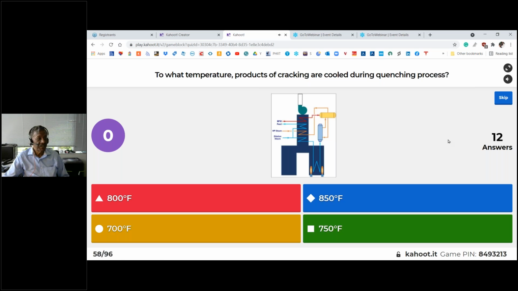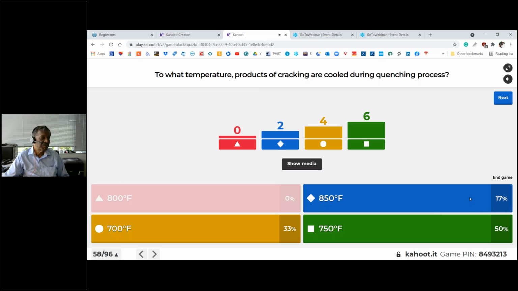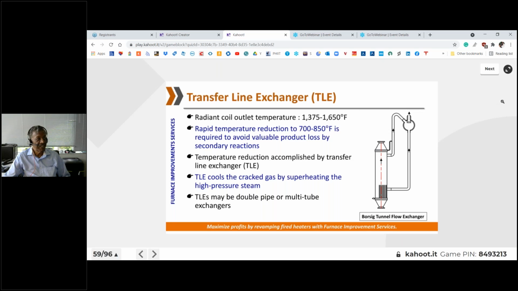And we do that with, okay, so it's evenly split. No, everybody is trying to cool it as low as possible. Some are cooling to 850, most of the people are cooling to 750. So typically we want to cool it immediately, or basically quench it, using high pressure boiler feed water and generating steam in special exchangers called transfer line exchangers.